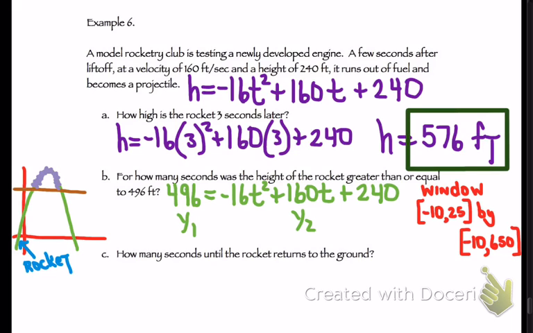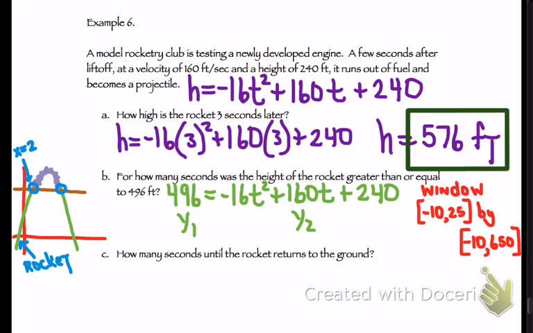Think, I want that area that I just shaded, that's where it's greater than or equal to 496 feet. So I think what I'm going to have to do is find those 2 points where it's equal to 496 feet. How do I find them? Think, find the intersection of those 2 points. I'm going to leave that for you. Try to find the intersection of those 2 points.